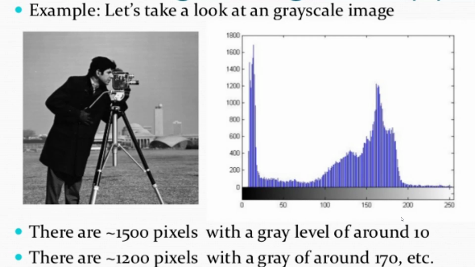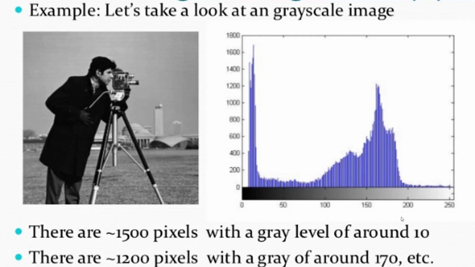Let's take a look at what that looks like. On the left, we have a man with a camera, and on the right is the histogram that corresponds with this image. If you look at the x-axis, these are digital numbers. The y-axis is frequency. There are approximately 1,500 pixels with a gray level of around 10. So if you find 10 on the x-axis, you can see that there's a corresponding value on the y-axis of approximately 1,500.